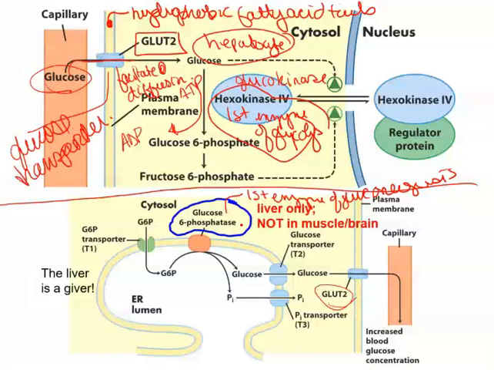Glucose 6-phosphatase is the undo enzyme of hexokinase 4. So this glucose 6-phosphatase enzyme removes the phosphate from glucose and allows glucose to pass out of the liver cell and into the blood.